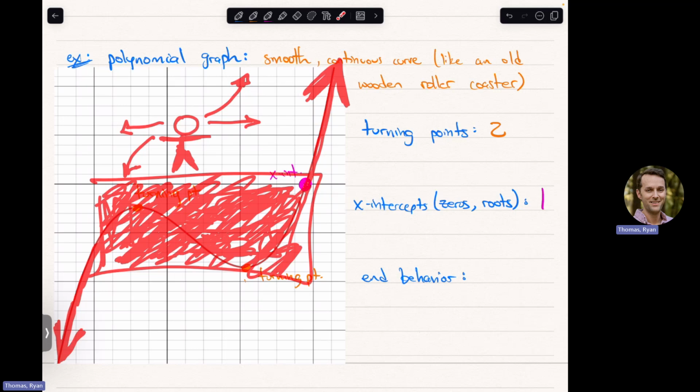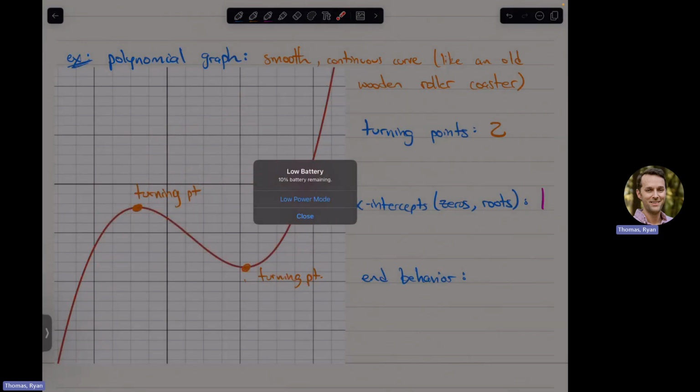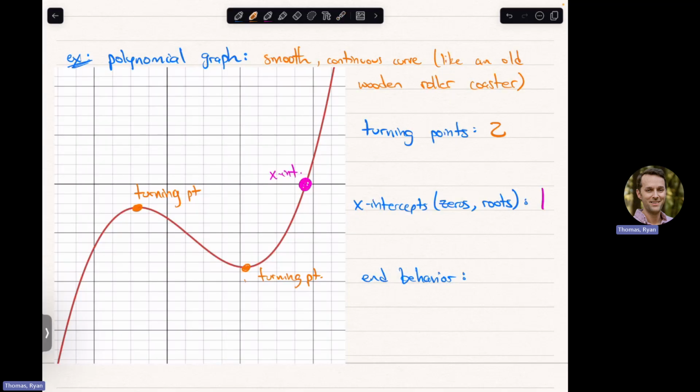What I usually do, I'm not standing in front of you right now so I can't hold my arms up in the air. But as you can probably imagine by this point, what I tend to do is hold my hands up in the air to show which way the thing is going. So what I usually do is just draw arrows. So that end's pointing down. This end's pointing up. So I would describe the end behavior of this thing like that.